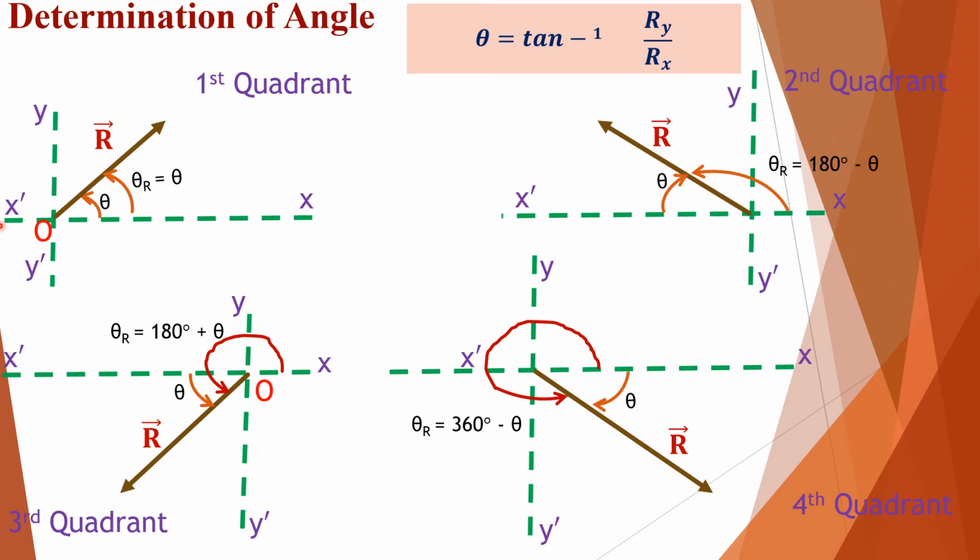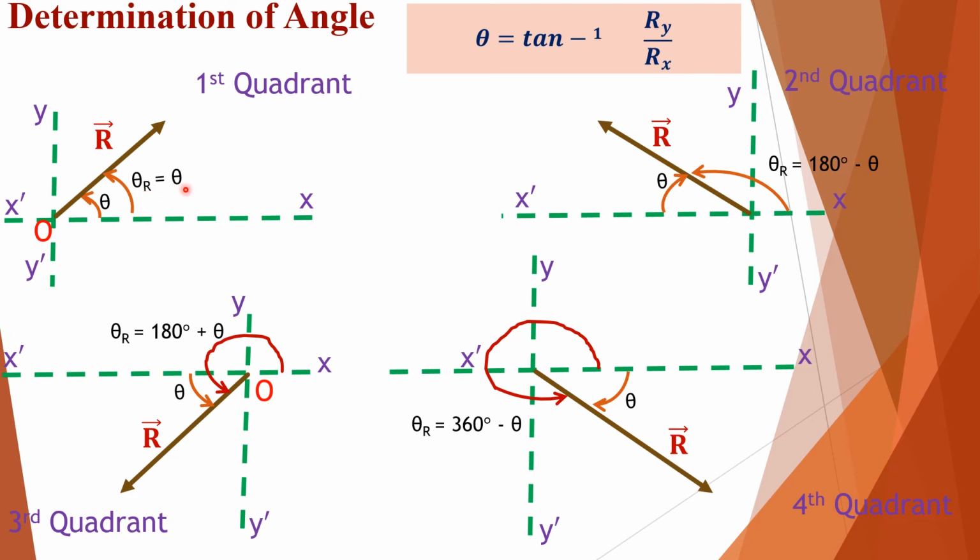In this figure, Rx and Ry are positive. So the angle theta R lies in first quadrant and we can determine theta R is equals to theta. So for first quadrant, theta R is equals to theta.